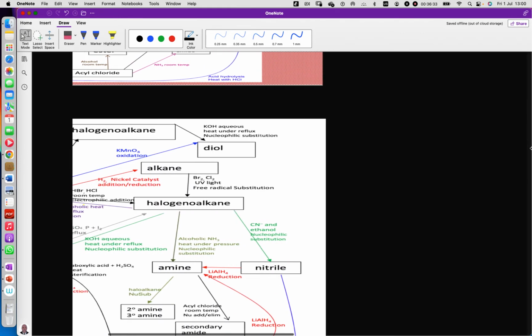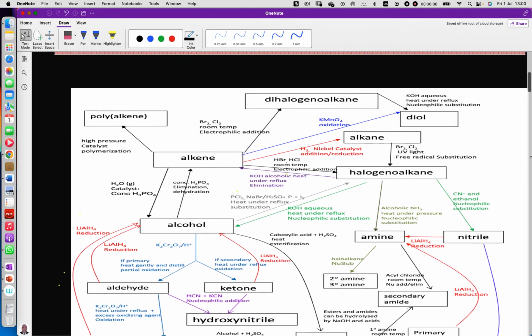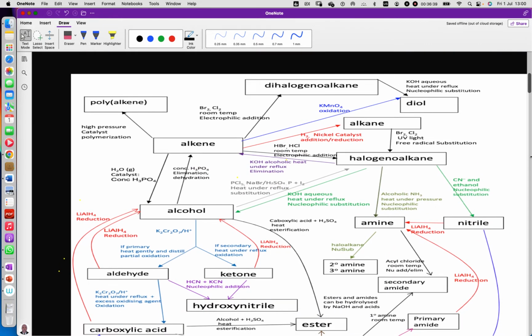Okay. Now we are done with alkene: the halogenation, electrophilic addition, oxidation of alkene, hydrogenation of alkene by adding hydrogen, addition of hydrogen bromide to an unsymmetrical alkene applying the Markovnikov rule, and hydration of alkene to form alcohol using concentrated phosphoric acid.